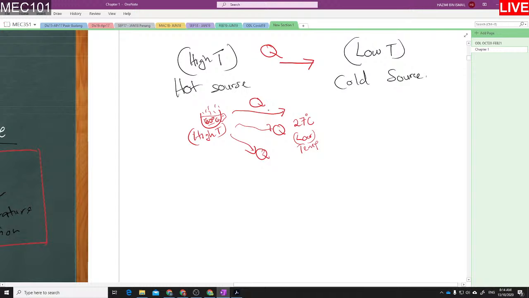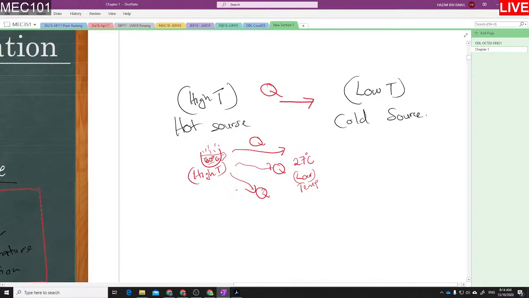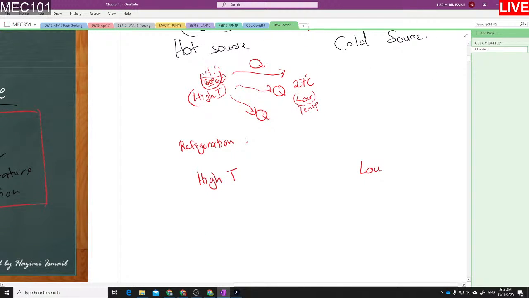But for refrigeration, we are going to do the opposite. Let's say the low temperature is your room. In the room, we may want to get around 24 degrees Celsius, which is common in Malaysia.